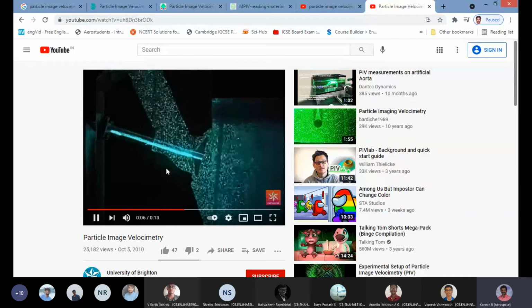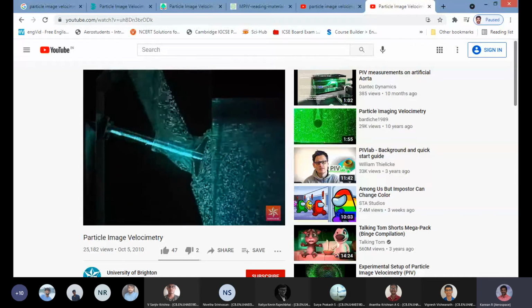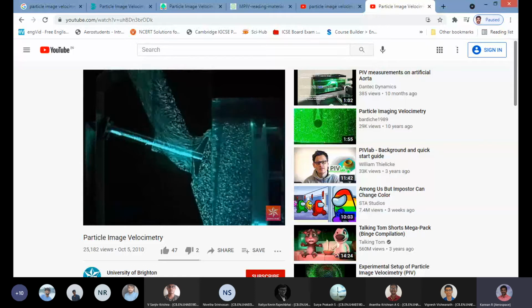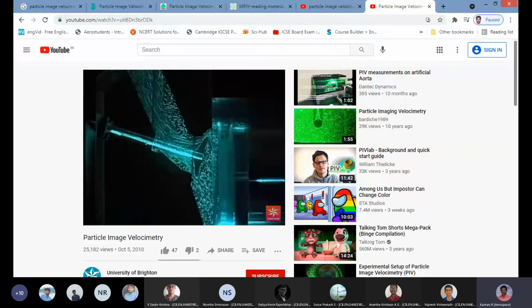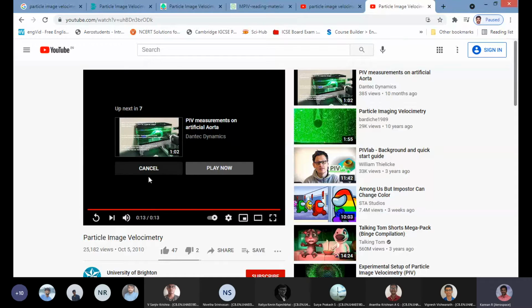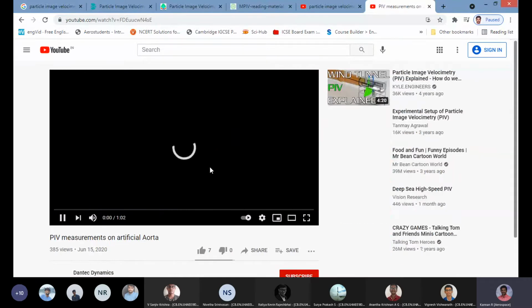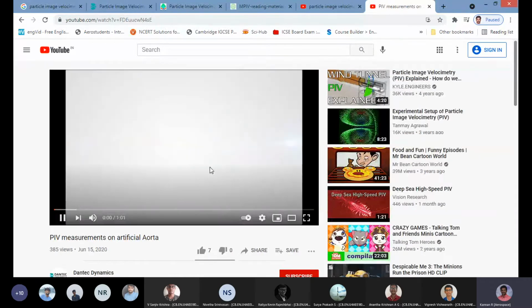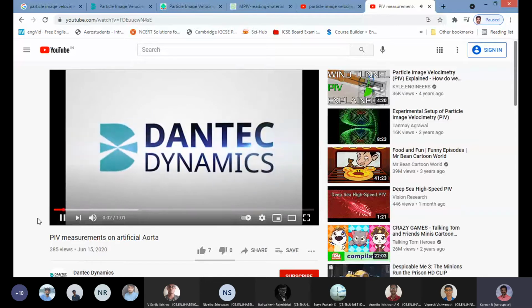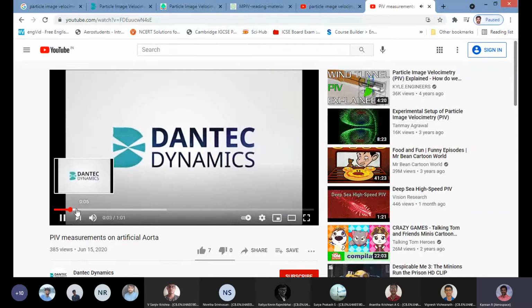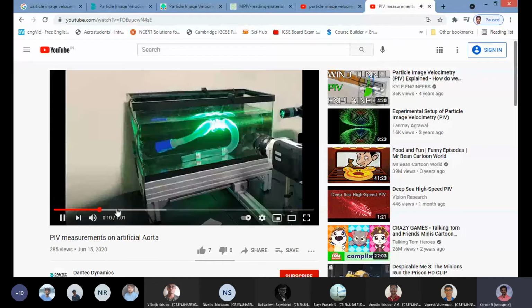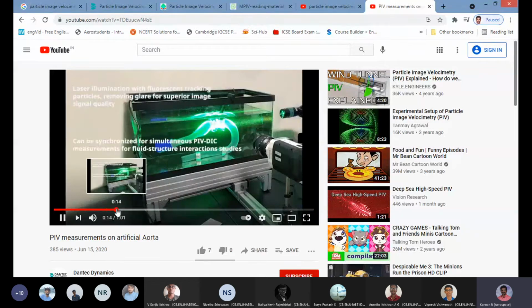This is also one more case, like in IC engines, the piston movement. This is one of the cases, a heart valve.